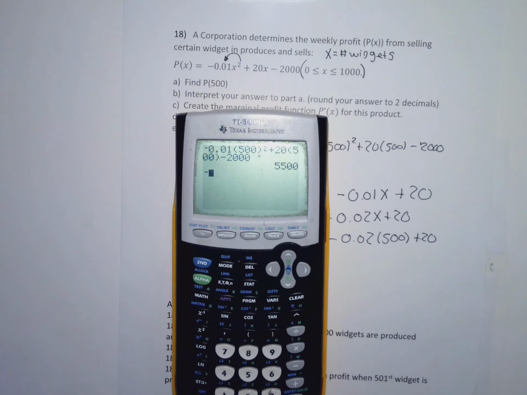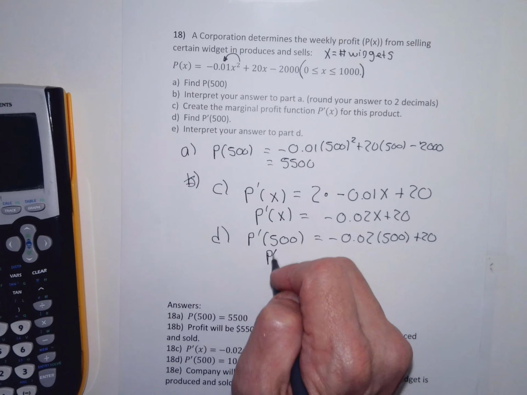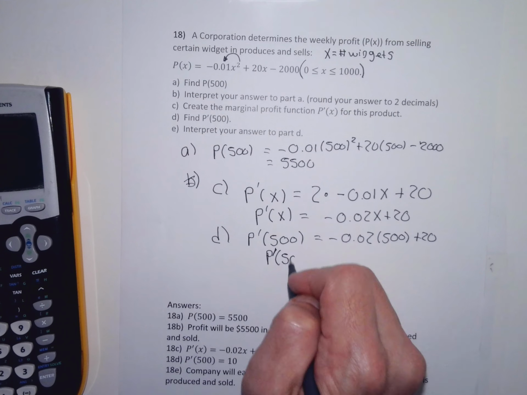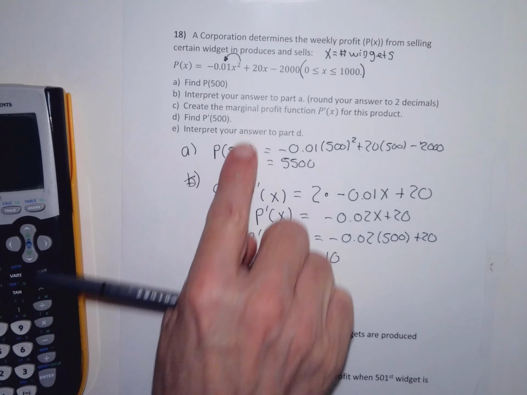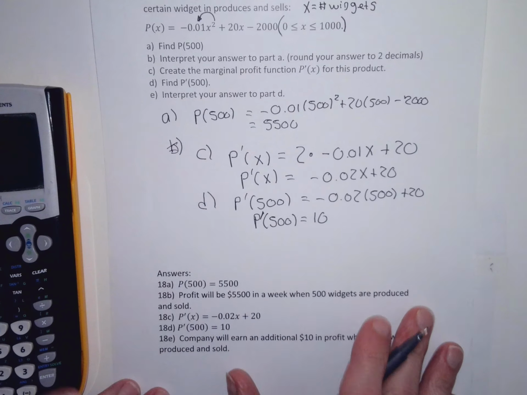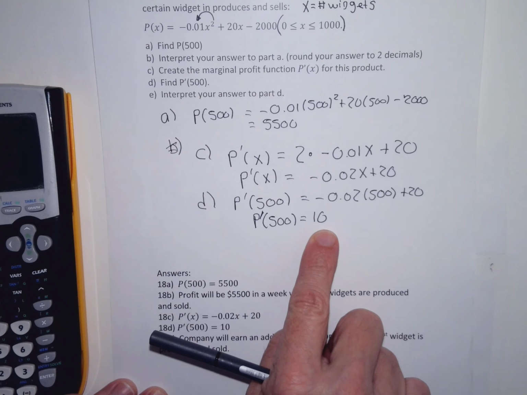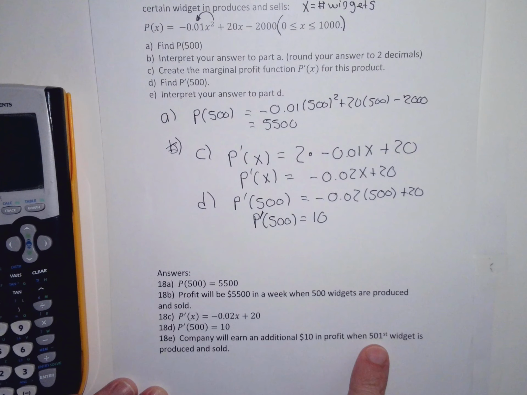So the answer to part D is the marginal profit function evaluated at 500 is just the number 10. And now I'm supposed to explain what that means. Marginal means next. So that's how much money they'll earn by selling the next widget. So they're going to earn $10 when they sell the 501st widget.